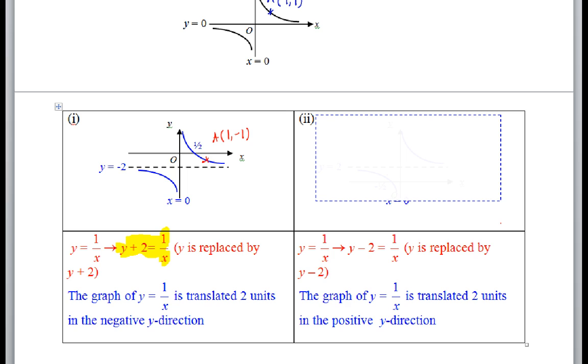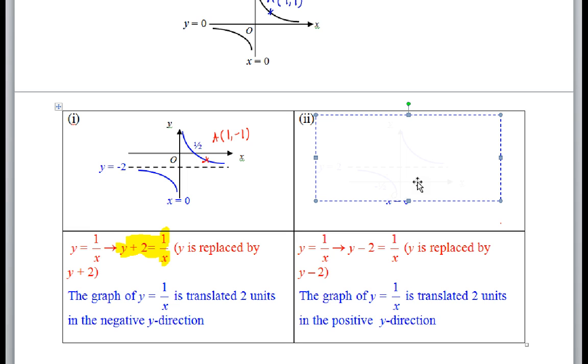If you are fast enough, you can actually sketch on your own, no problem. Alright? Again, don't forget your asymptote is also translated.